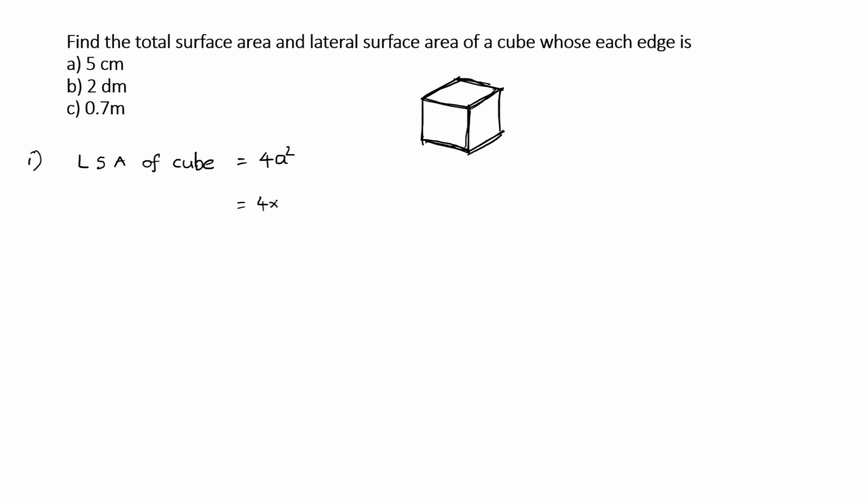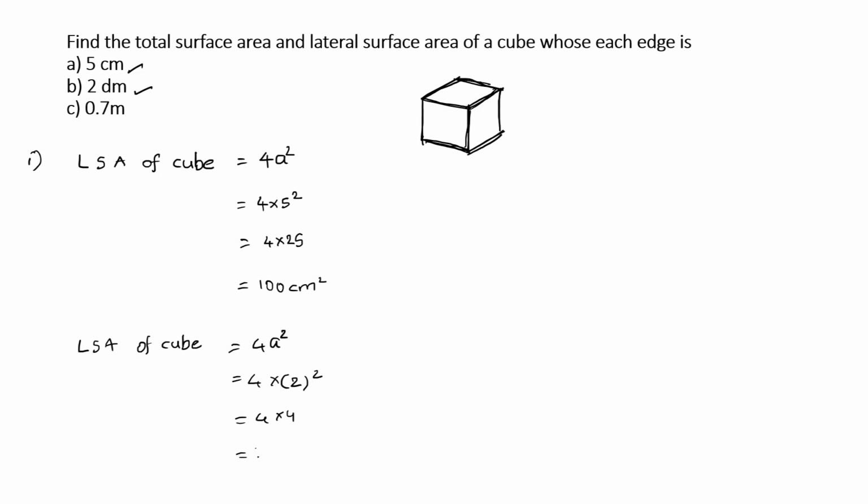Now 4 into side is 5 centimeter in the first case, so 5 square, 4 into 25, that is equal to 100 centimeter square. Now the same problem, LSA of cube in second case, so it will be 4a square where side is given as 2 decimeters, so 4 into 2 square, that will be 4 into 4, 16 decimeter square.